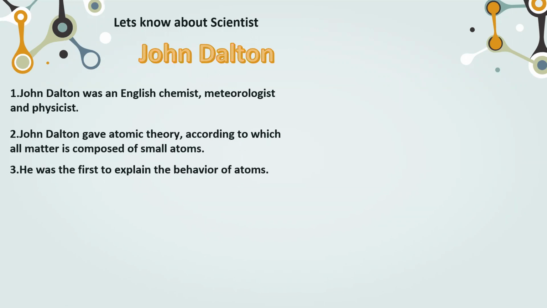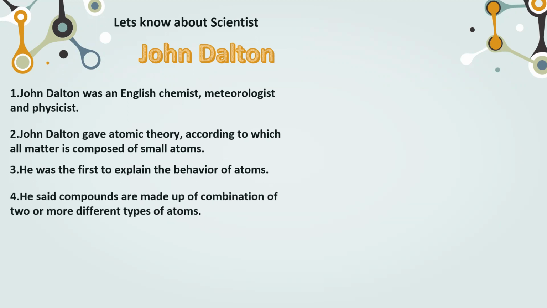He was the first to explain the behavior of atoms. He said that compounds are made of a combination of two or more different types of atoms. He also calculated atomic weights of various elements.